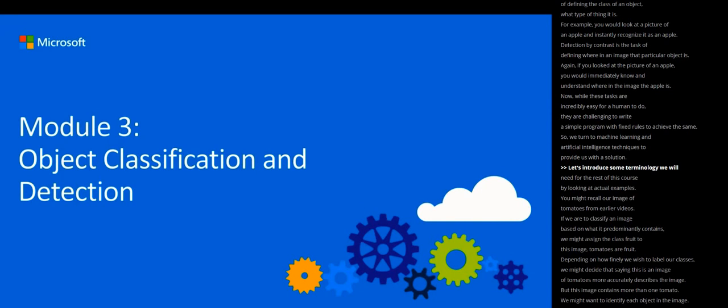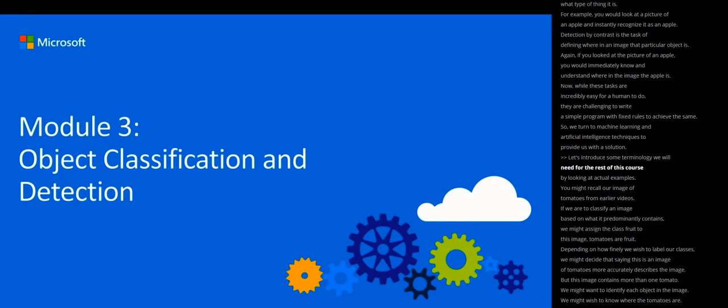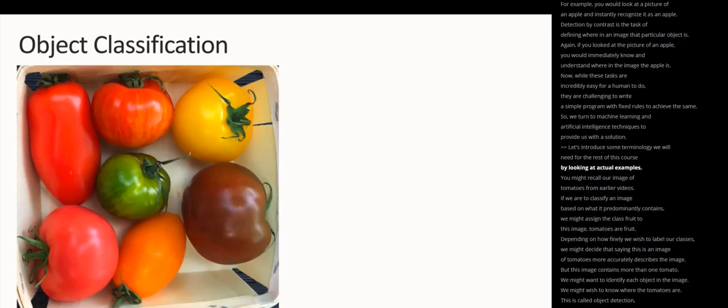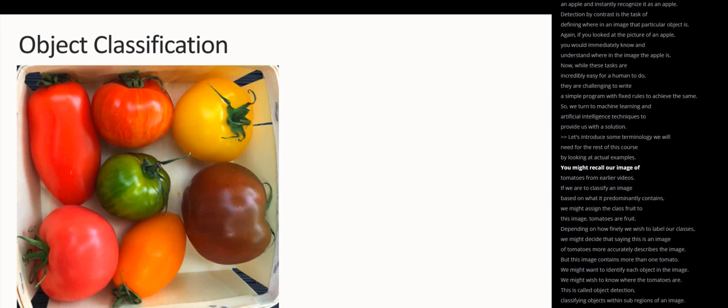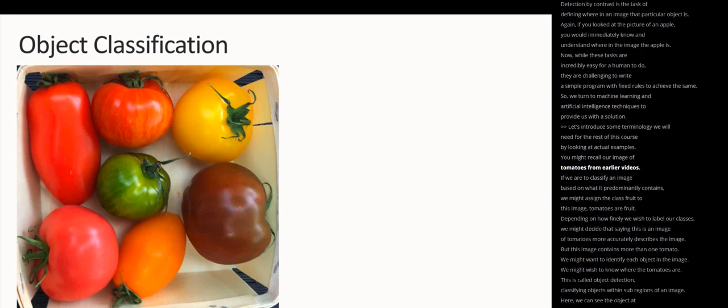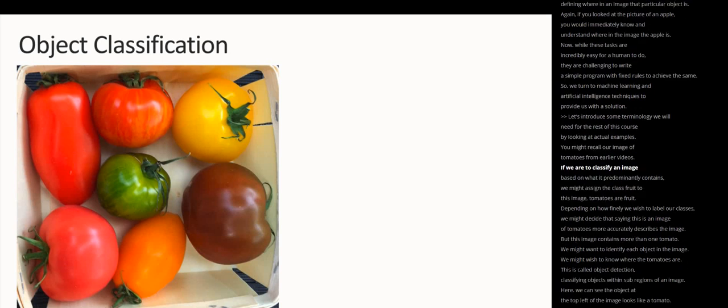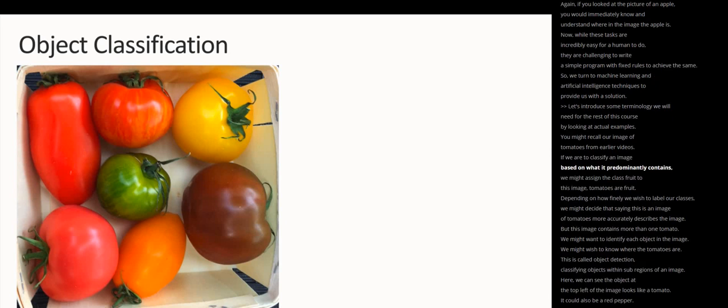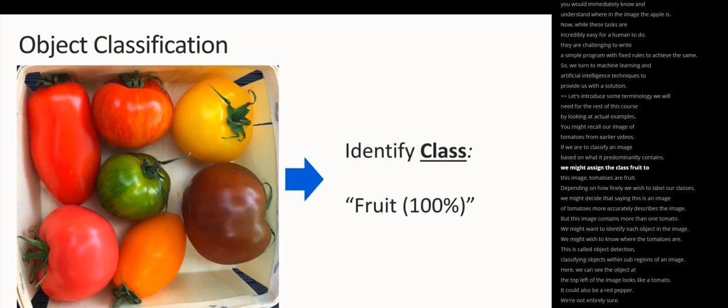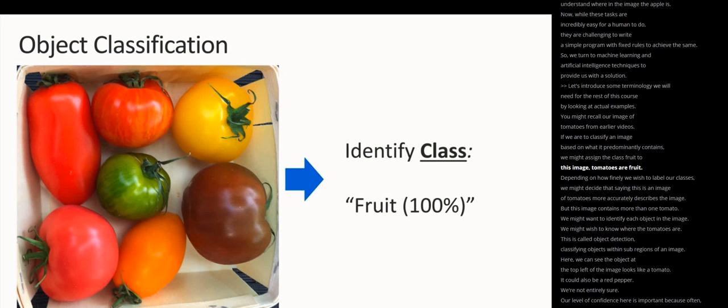Let's introduce some terminology we will need for the rest of this course by looking at actual examples. You might recall our image of tomatoes from earlier videos. If we are to classify an image based on what it predominantly contains, we might assign the class fruit to this image. Tomatoes are a fruit.